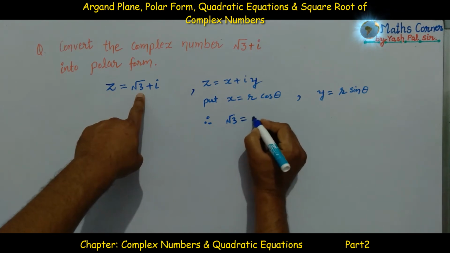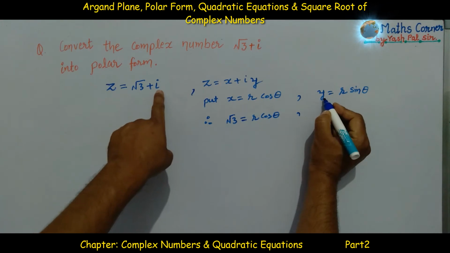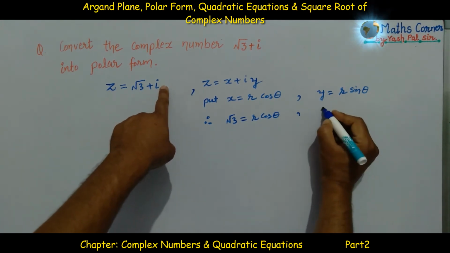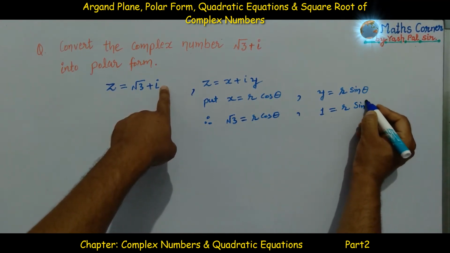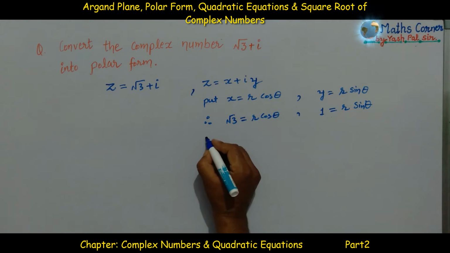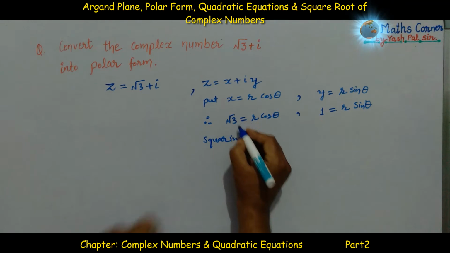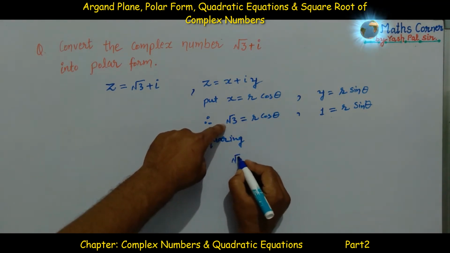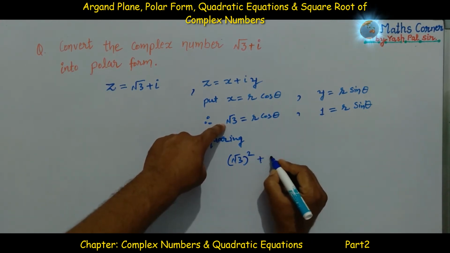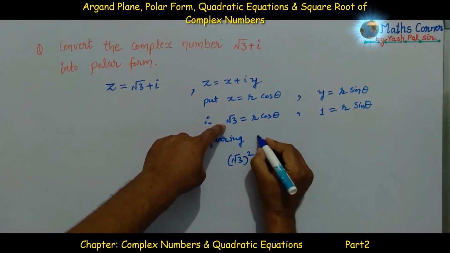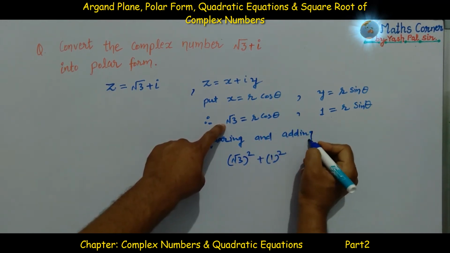Here in this question, the value of x is square root 3, this is equal to r cos theta, and the value of y is iota, the coefficient is 1, so 1 is equal to r sin theta. Now we square and add.